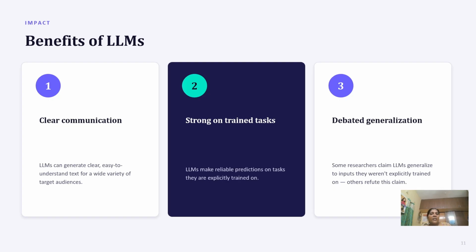Some researchers claim LLMs generalize to inputs they weren't explicitly trained on. Others refute this claim. There is always a debate about the generalization concept. Usually LLMs tend to generalize to inputs they are not trained for. One benefit is that they always give a response. They don't tell you that they don't know. They try to generalize it even on the explicitly trained ones.